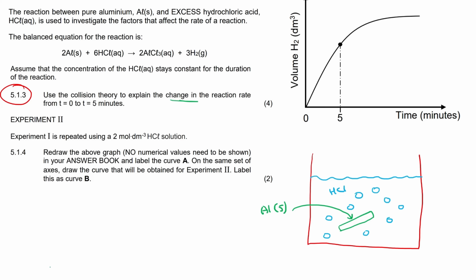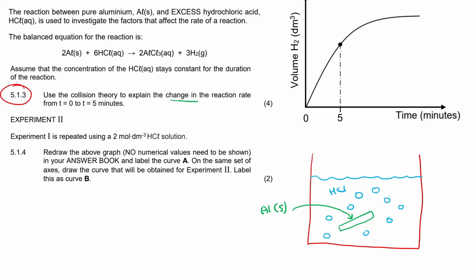Now, we know that as a reaction goes on, it gets slower and slower and slower. And that is because as the reaction goes on, what will happen to the amount of this and what would happen to the amount of HCl?